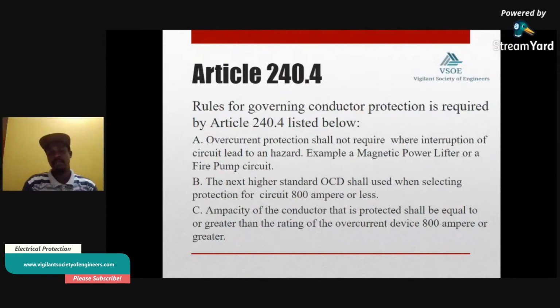So the conductor shall be greater than the overcurrent protection device or equal. All right, so that is the only variation in this rule.